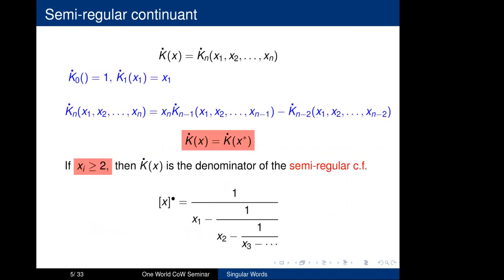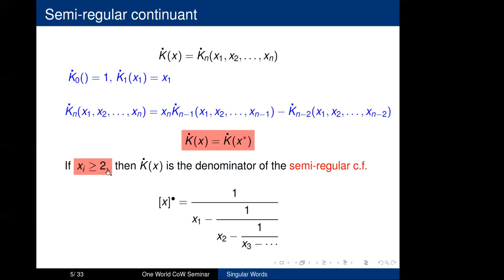So maybe a little less known is the semi-regular continuant. I will denote it by k dot and often refer to it as k dot. It's defined recursively in much the same way as the regular continuant, except there's a minus there. So that's the main difference, but it's also invariant under reversal. And you want to stay away from the number 1.